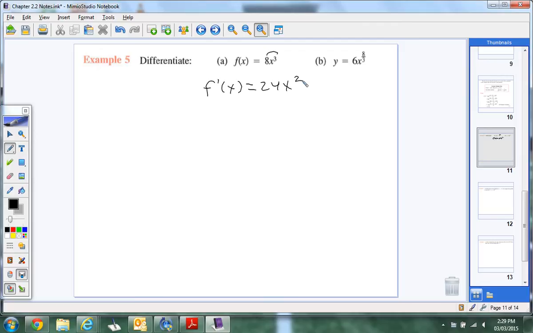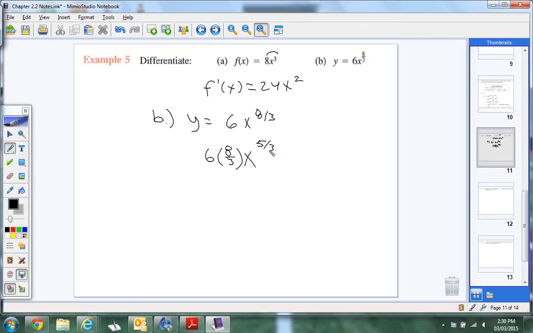Okay, but let's look at this one, which is a little more confusing in terms of your fraction skills. So you're still going to drop 8/3. So you're going to go 6 times 8/3 x, and then what's the 8/3 going to be now? 5/3. Took off 3/3.